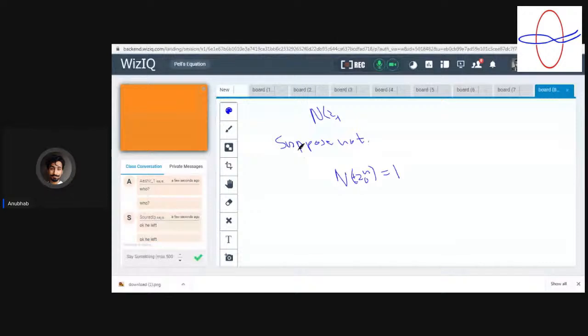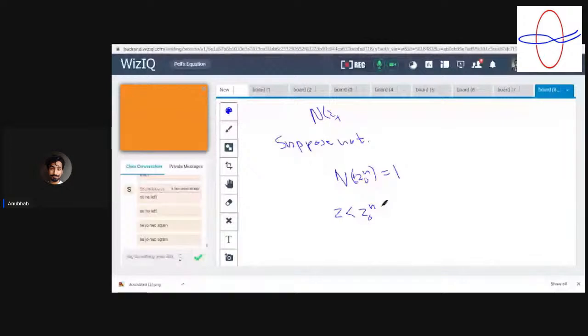Anyways, so what I was saying is that z naught to the power n is an increasing sequence with no upper bound. So suppose z is not a solution, then we can find n such that z is between z naught to the power n and z naught to the power n plus 1.